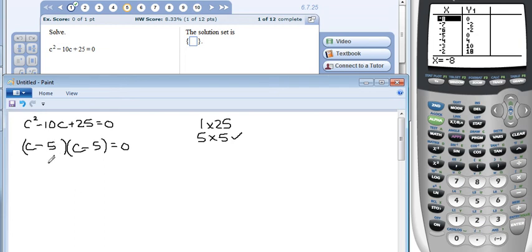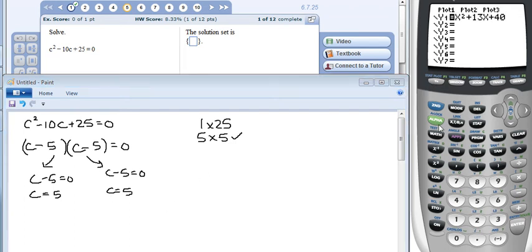Then either c minus 5 is equal to 0 or c minus 5 is equal to 0. So either c is equal to 5 or c is equal to 5. That's one of those double root ones, so I wanted to show you that. So let's just get it in here and see if it only crosses once, and if it does, if it crosses at 5.